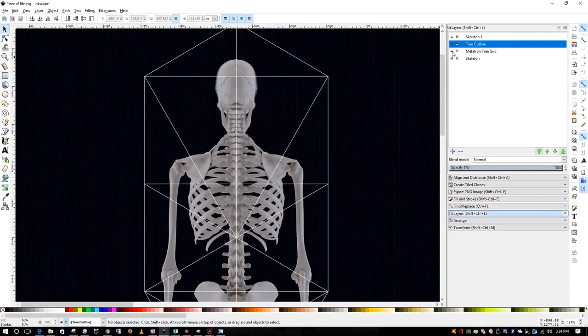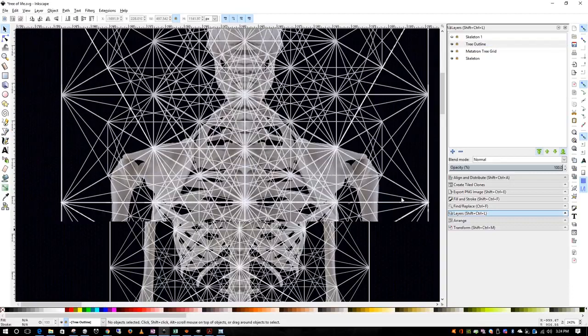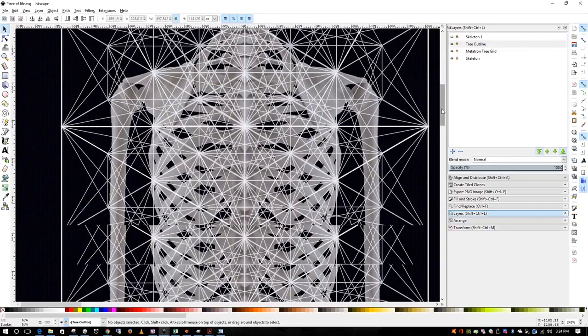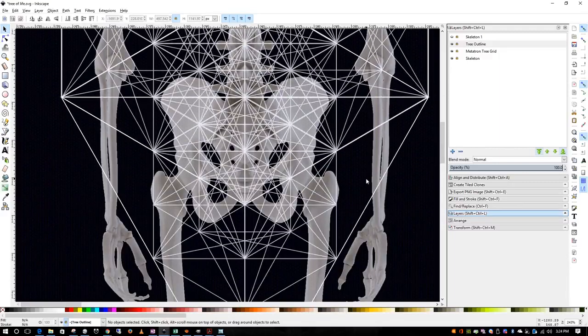And if we take a look at the geometry like we were seeing there before, on this tree of life using the human skeleton, then we can see that the human skeleton and its geometry fits into this almost perfectly, even down to the bottom of the pelvis, the shape of the lines that surround the sacrum, and all the way up to the top of the pelvic bone.